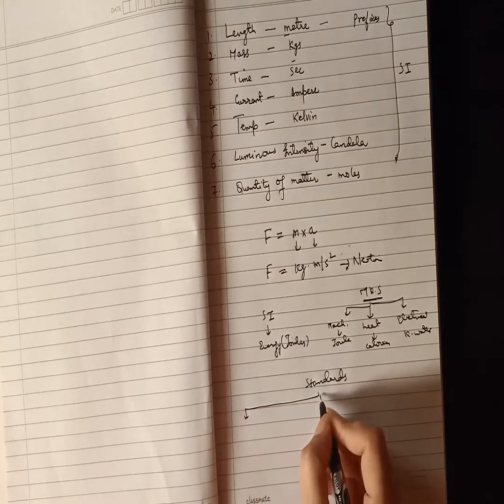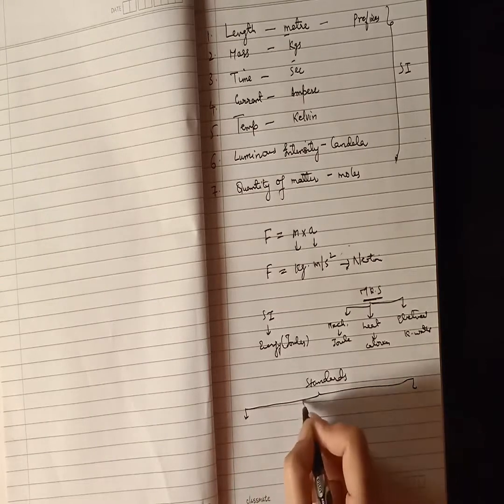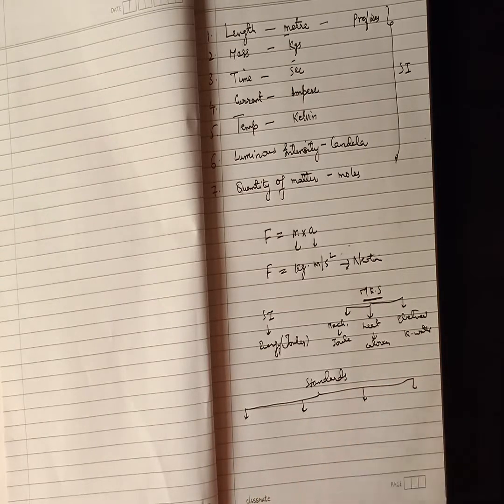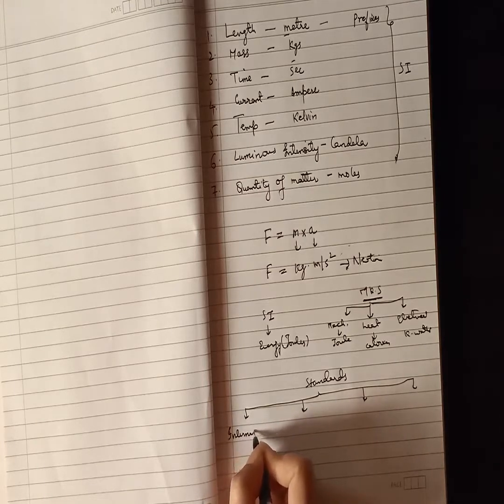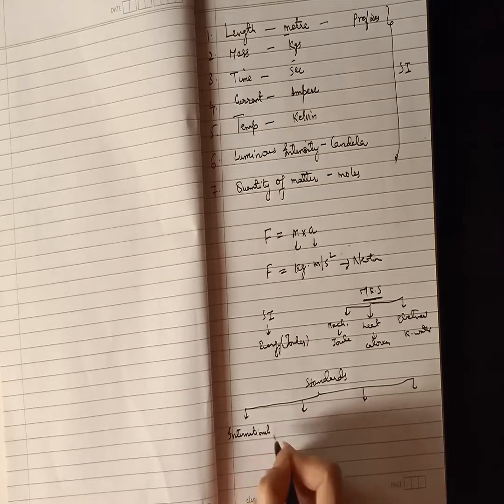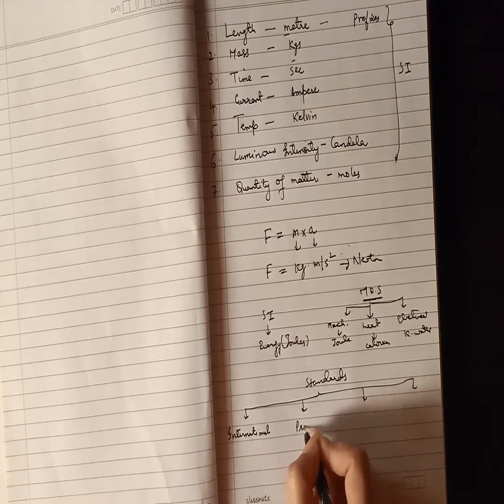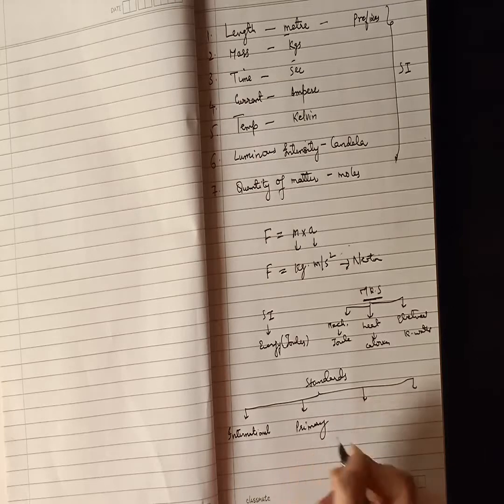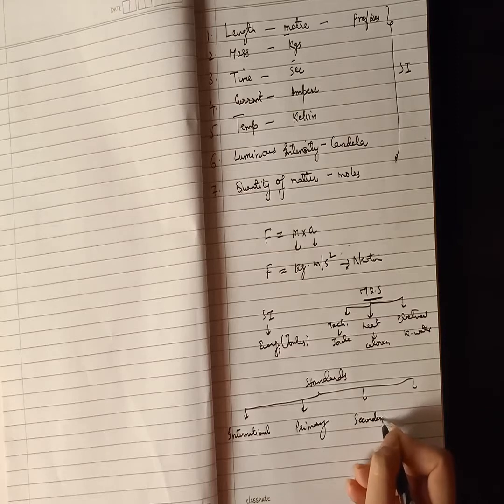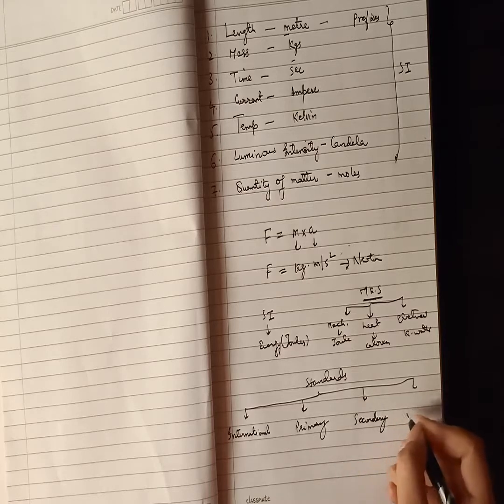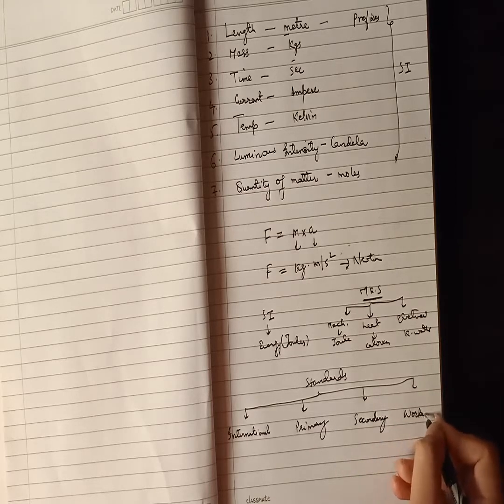So, these standards are broadly classified into four types. Okay, the first one being international standards. Then we have primary standards. Then we have secondary standards, and last being working standards.